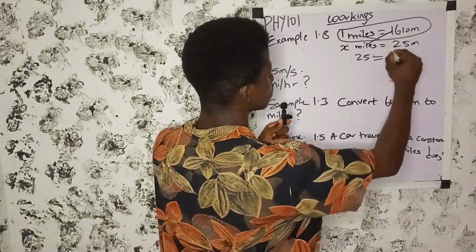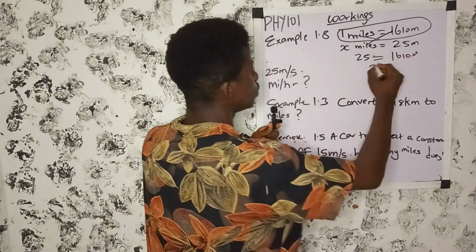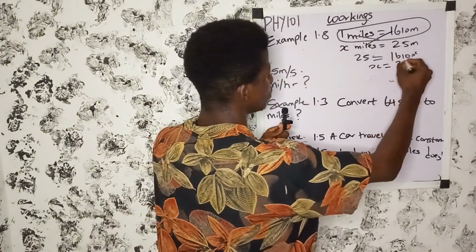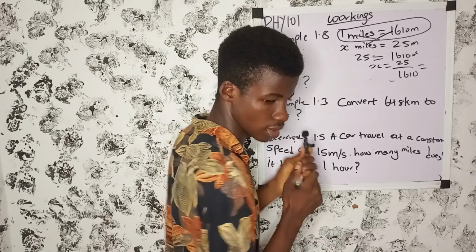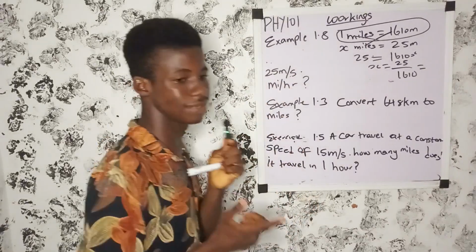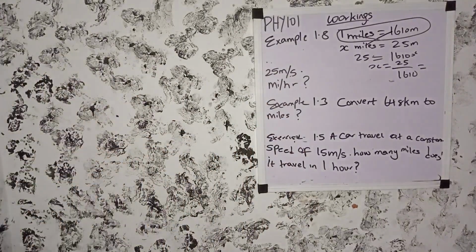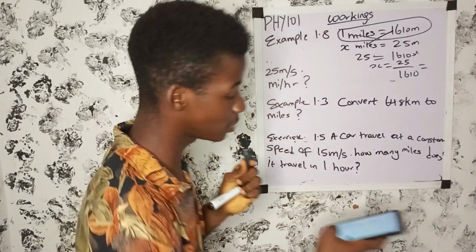Then that equals x times 1,610, which gives us 1,610 x. So if you divide both sides by 1,610, it will be 25 going into 1,610. Everything will now be equal to what? Okay, let me get my calculator. I'm really sorry. Okay, now let me use this calculator.